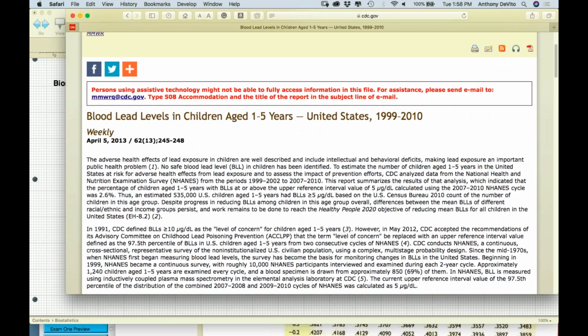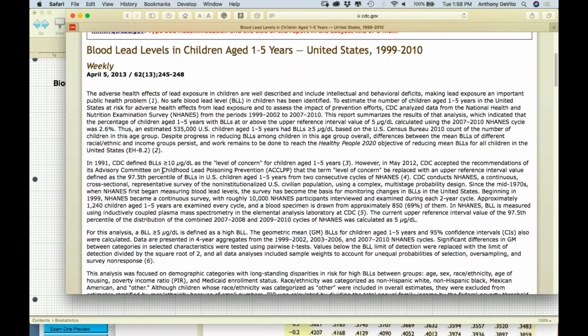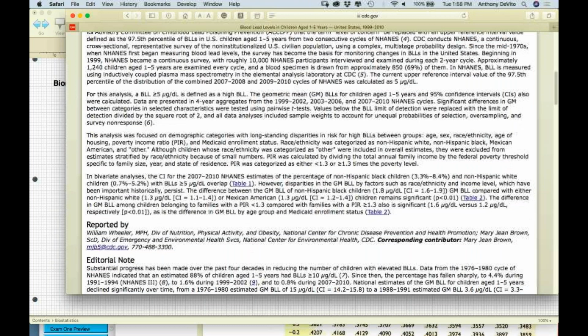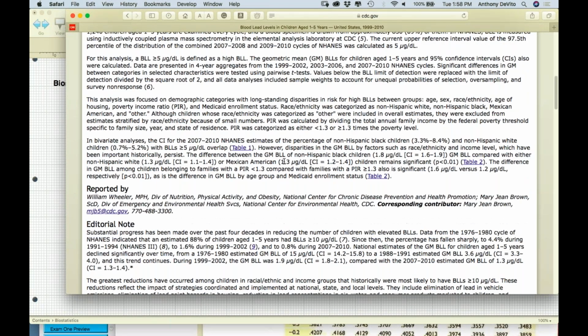This study, in CDC, bivariate analysis. Mexican American children had a blood lead level of 1.3 micrograms per deciliter. That's the average they got from their sample. However, that may not be what the actual real population blood lead level of Mexican American children is.